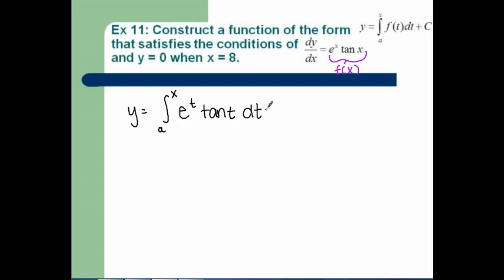Well, if the function is plus c, that c value is your y value. And that a is kind of like your x. So here's my x, that represents a. So this is really like 8 to x of e to the t tan t dt.